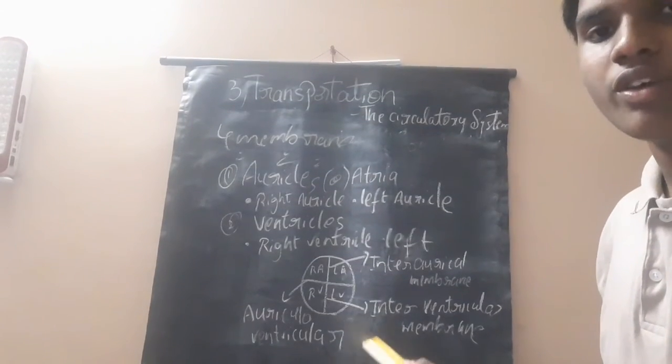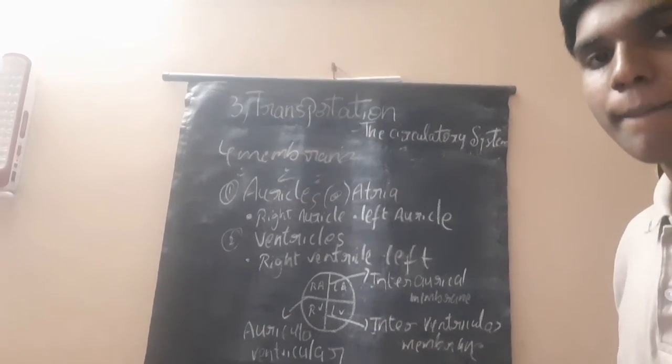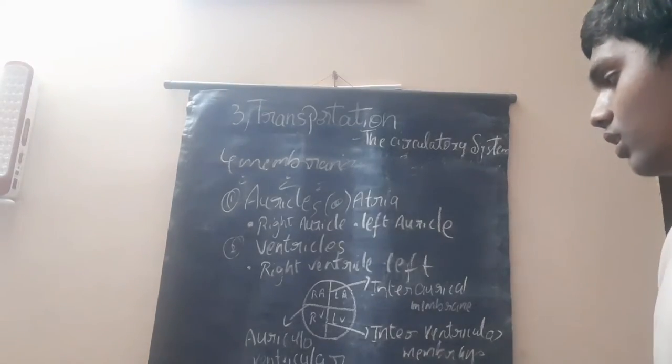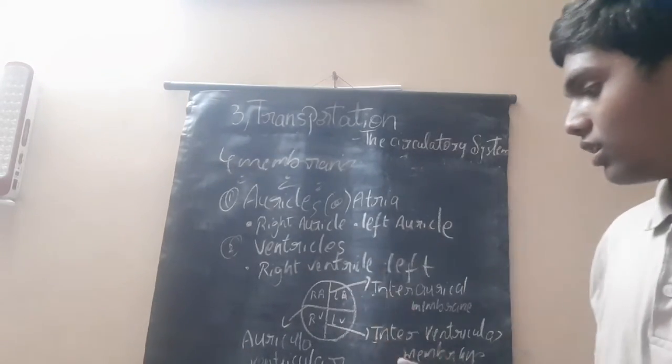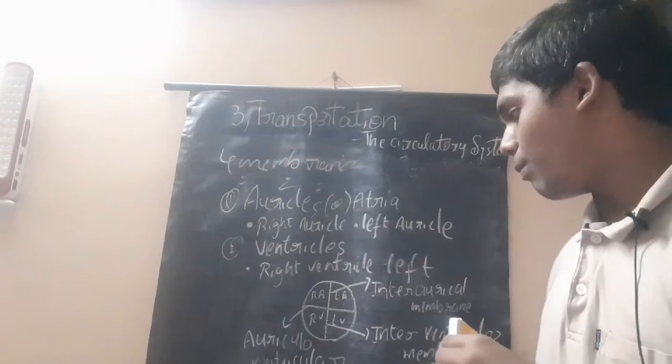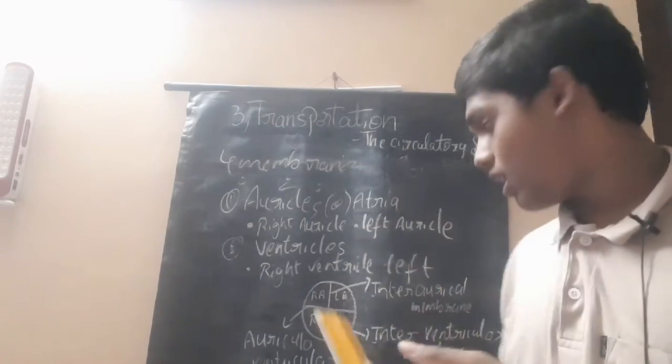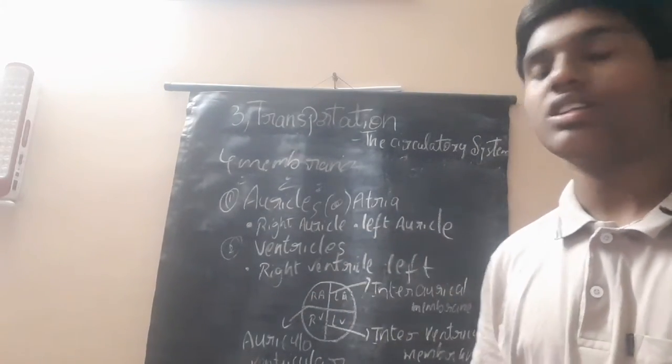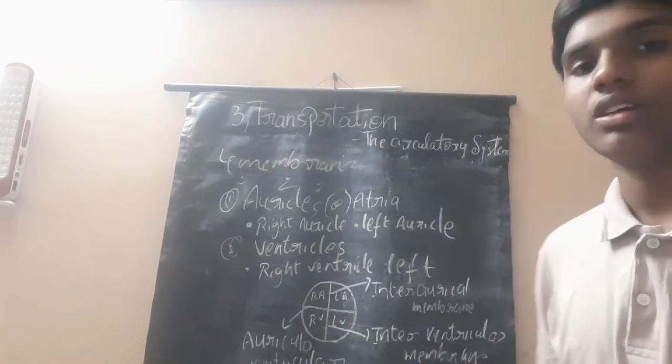The membrane which divides the upper chamber as auricles and the lower chamber as ventricles is called the auriculoventricular membrane.